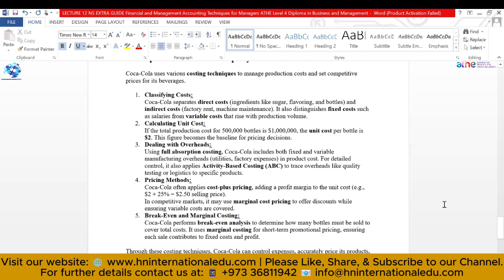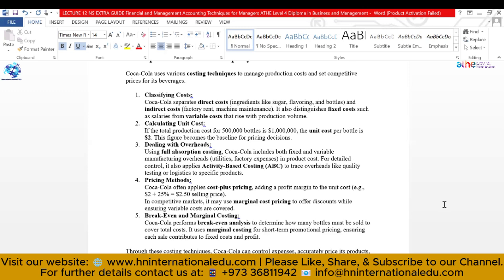Pricing methods: Coca-Cola often applies cost plus pricing, which we worked on, adding a profit margin to the unit cost. For example, $2 plus 25% equals 2.50, which is going to be the selling price. So what are they doing? Only 50 cents extra. In a competitive market, it may use marginal cost pricing to offer discounts while ensuring variable costs are covered, when you need to compete with Pepsi.